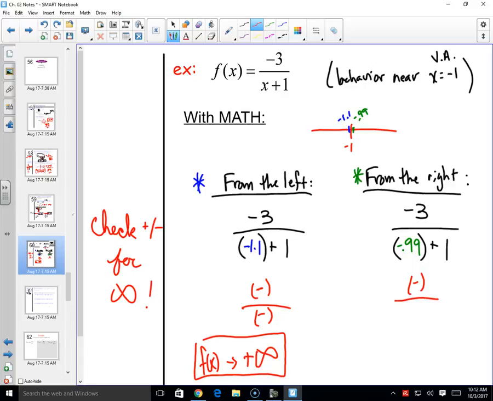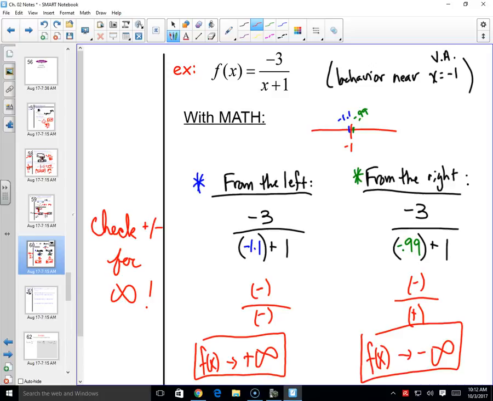But the bottom, negative 0.9, negative 0.99, negative 0.999 plus 1. All of those are going to have what sign? Positive, because the 1 wins. And what's a negative over a positive? Negative infinity. Check with what we found on this page before, and are we right? It's a trick. It usually works.